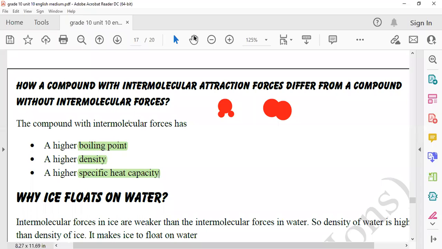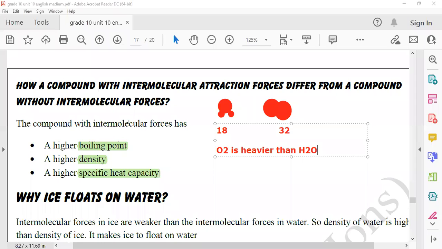Compared to oxygen molecule. Relative molecular mass of water is just how much? 18. Relative molecular mass of oxygen is how much? 32. So, who is heavier? O2 is heavier than H2O.